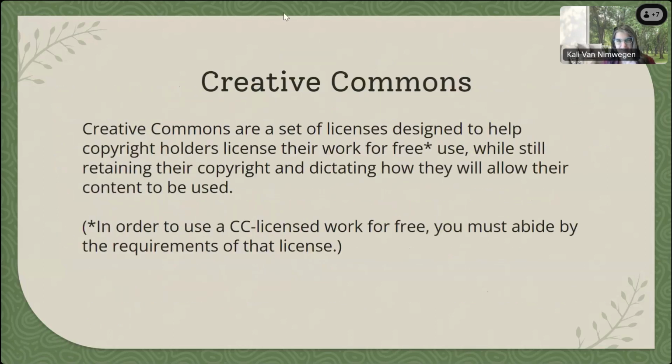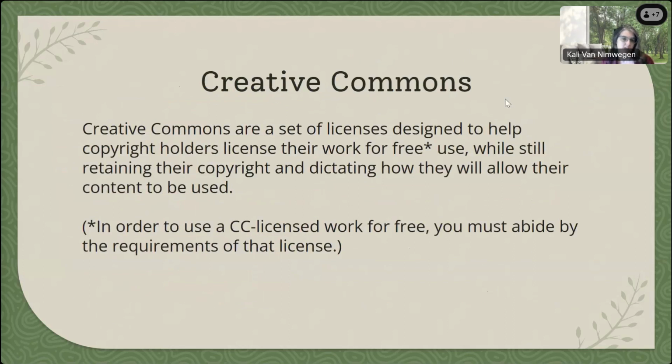Okay, so Creative Commons. I'm not going to cover this in too much detail because Janelle's going to talk about it in a moment, and I'm realizing that I have already talked for quite a while. But Creative Commons are a set of licenses that are designed to help copyright holders license their work for free use, but you have to abide by the requirements of that license if you want to use it for free.